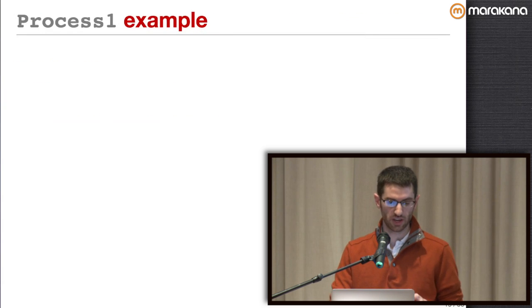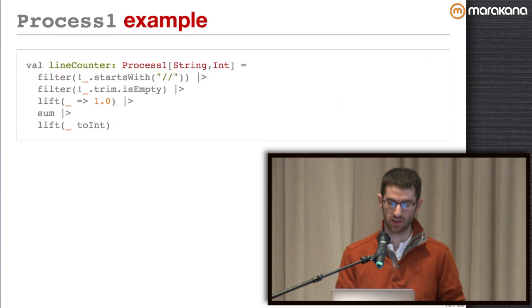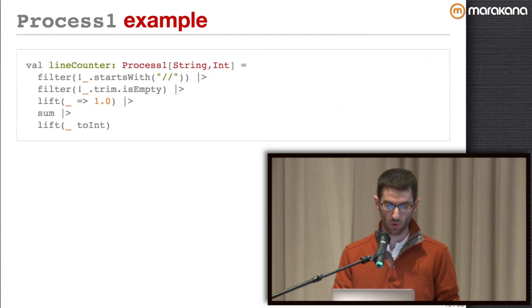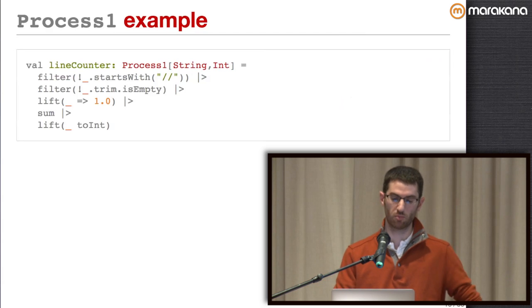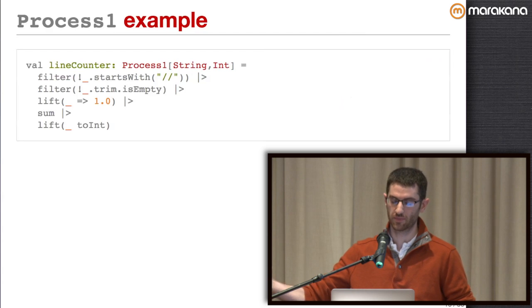So using this, we can define pretty complex pipelines of transformations. Here's a line counting process where we're first going to filter out any commented lines and any blank lines. We're then going to map any remaining lines to the number 1. We're going to sum it, and then finally convert back to an int at the end.